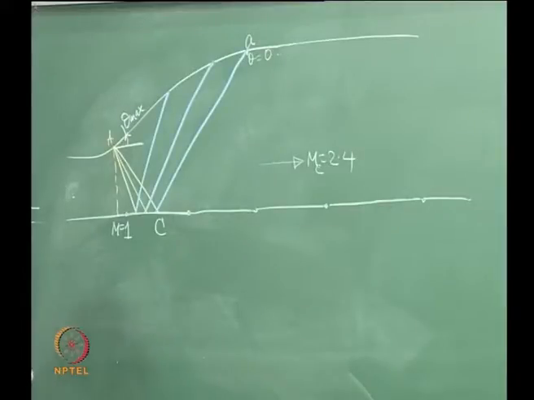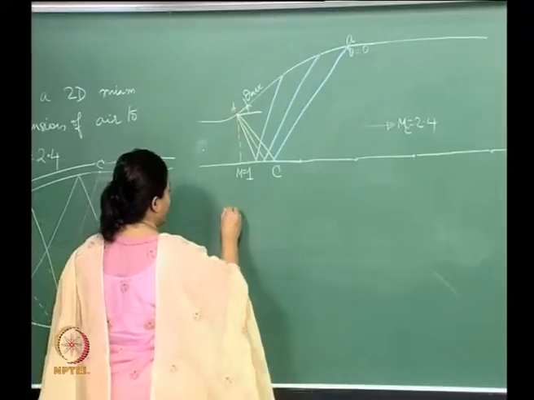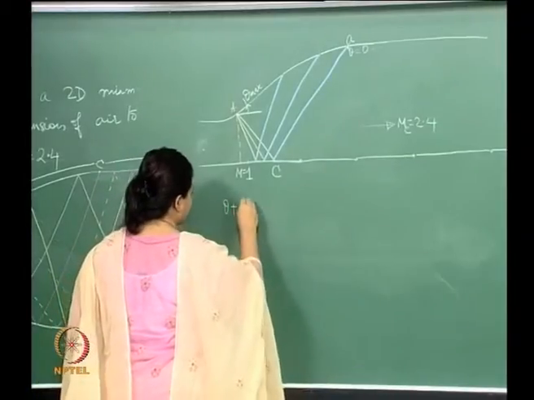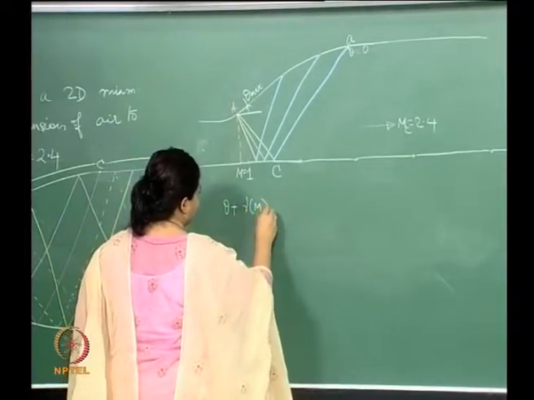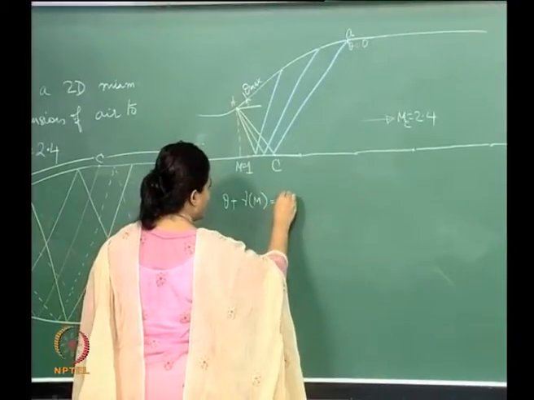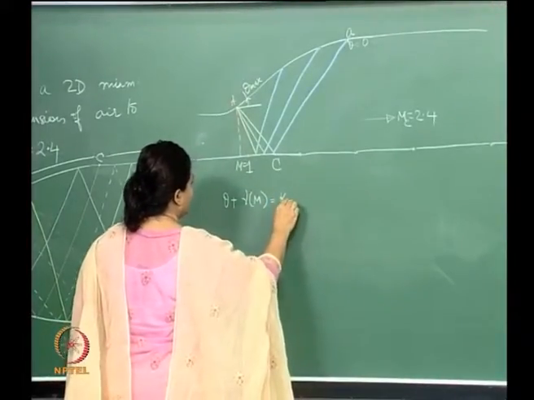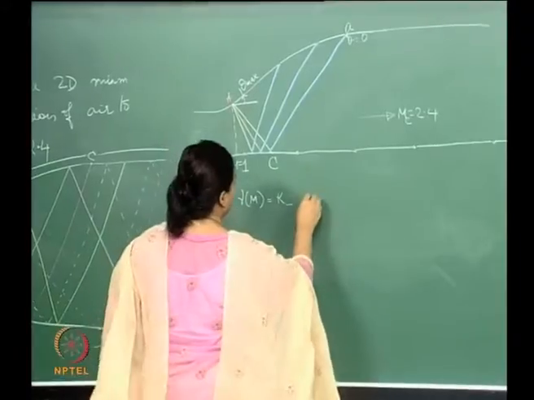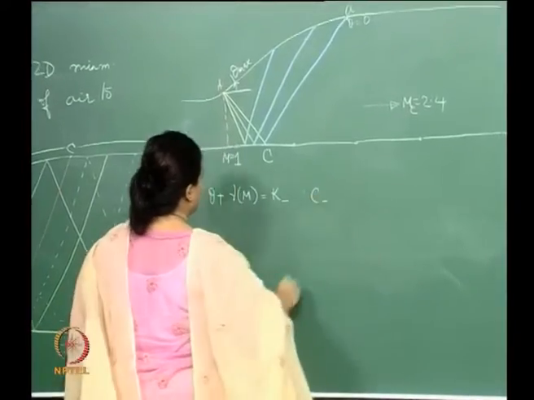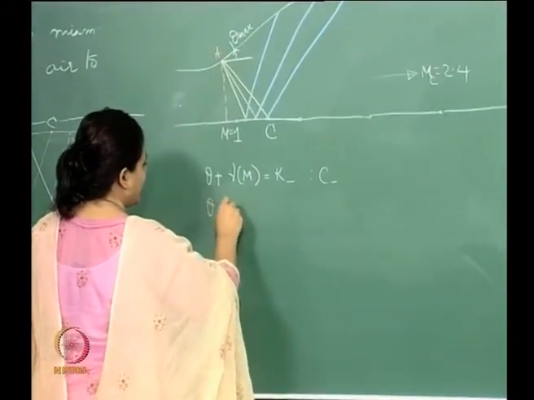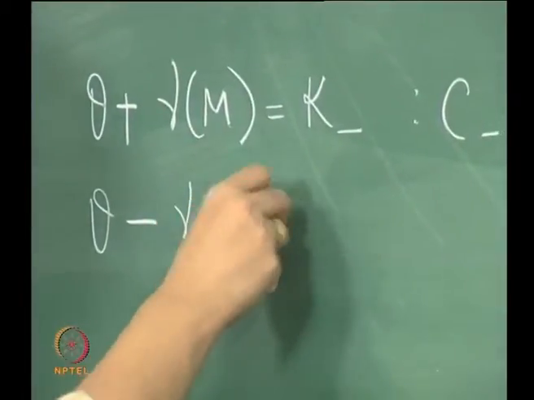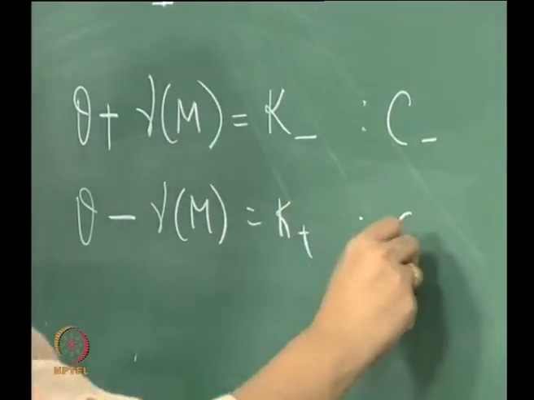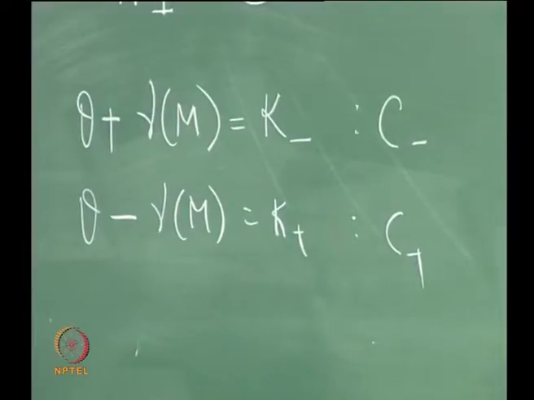Now let us use the compatibility equations. What we had was that theta plus nu is equal to a constant on the left running characteristics, and theta minus nu is a constant on the right running characteristics.